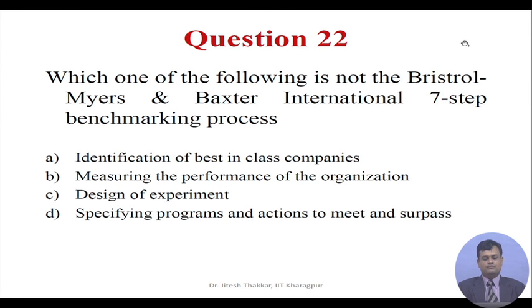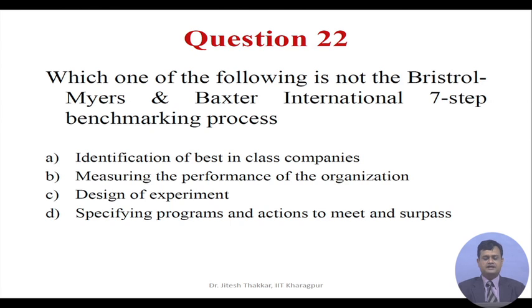Question 22, which one of the following is not the Bristol Myers and Baxter International 7-step benchmarking process? So, in detail in the lecture you have gone through the Bristol Myers and Baxter International 7-step benchmarking process. Keeping that in mind, which one of the following is not the step in this process?